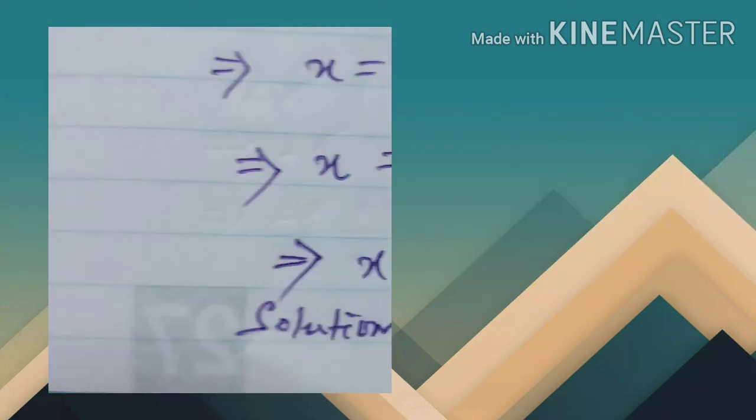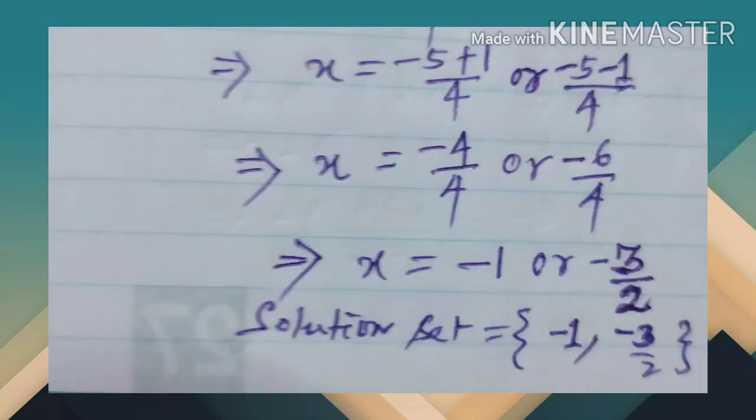This implies that x is equal to minus 5 plus 1 by 4 or minus 5 minus 1 by 4. This implies that x is equal to minus 4 by 4 or minus 6 by 4. This implies that x is equal to minus 1 or minus 3 by 2. Therefore, the solution set is equal to the set having elements minus 1 and minus 3 by 2.